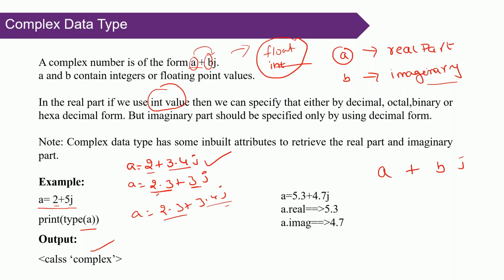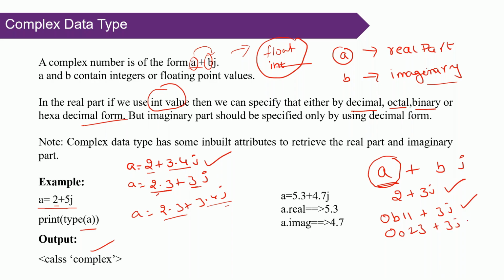A plus bj. In the real part, you can use any of the integer forms, whether it is decimal, octal, binary or hexadecimal. That means 2 plus 3j is allowed. 0b11 plus 3j is allowed. 0o23 plus 3j is allowed. 0xab1 is allowed.